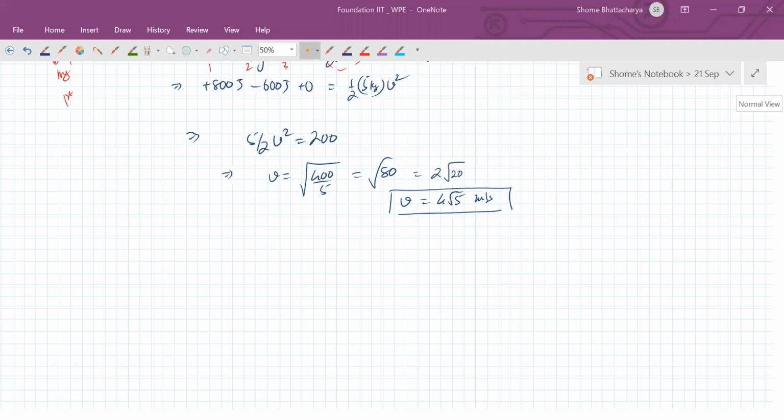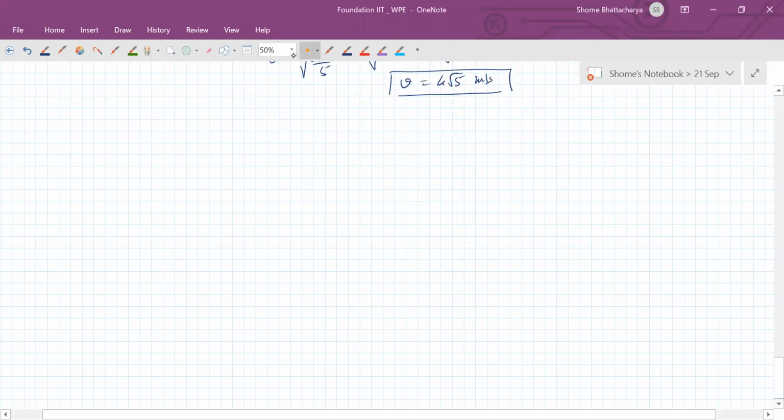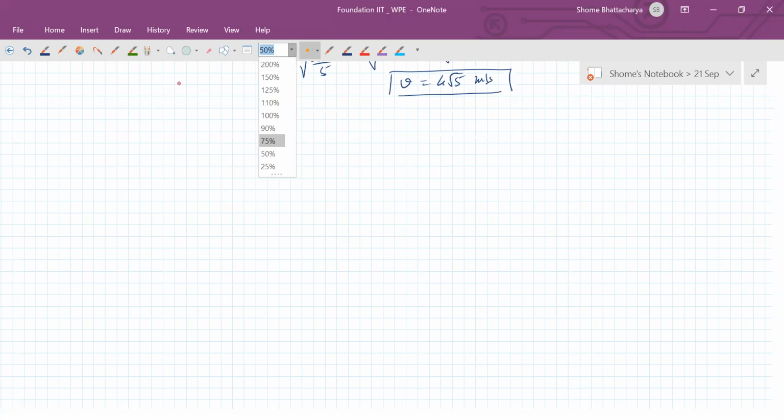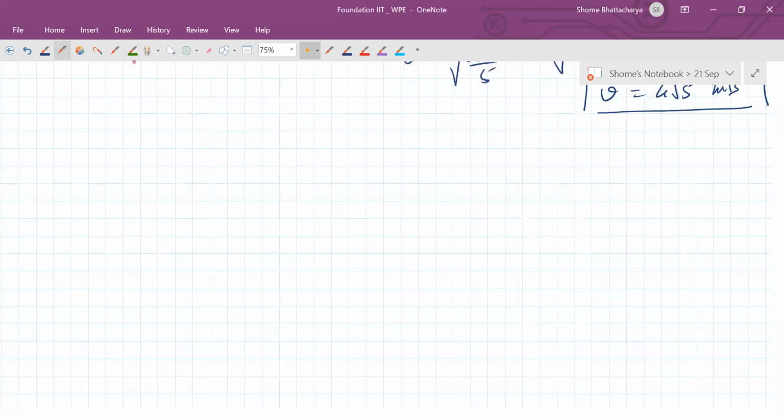Now let's solve this problem by a different method, by using Newton's laws concept. You'll see that that method is like a revision of things we've done before, but it's completely unnecessary over here.